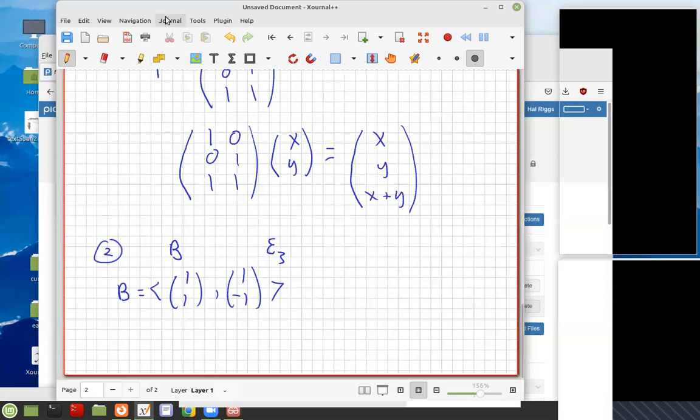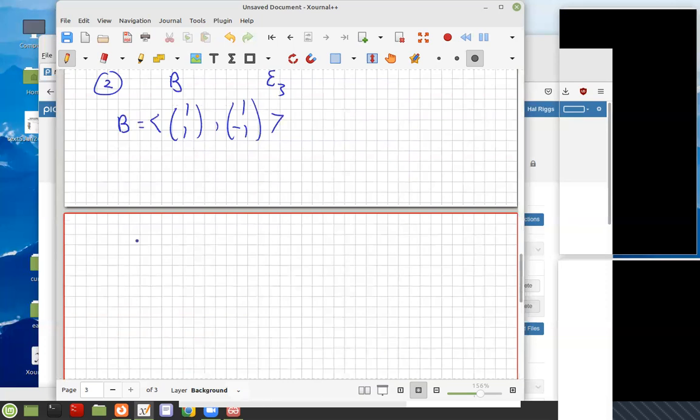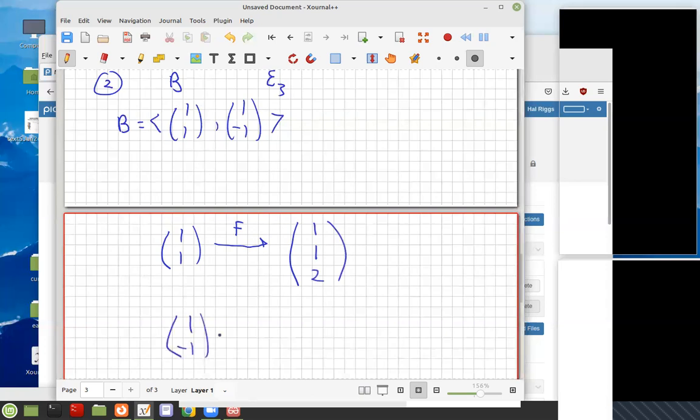Well, we follow the same idea: look at how f acts on the basis elements. Here's the first basis element. What does f send that to? It sends (x, y) to (x, y, x plus y), so that's (1, 1, 2). And what does it send (1, -1) to?